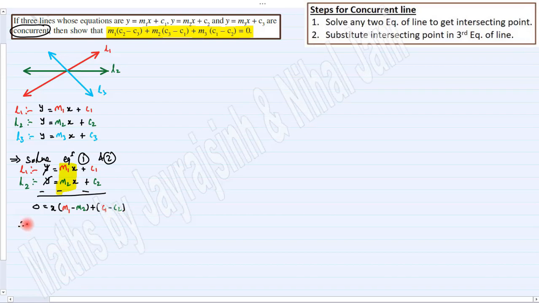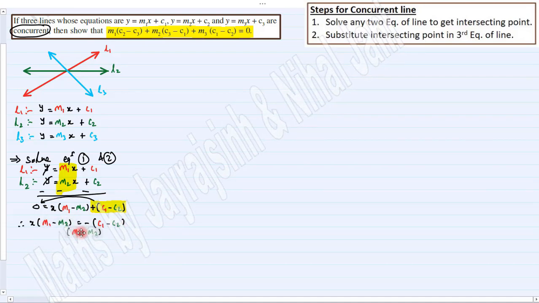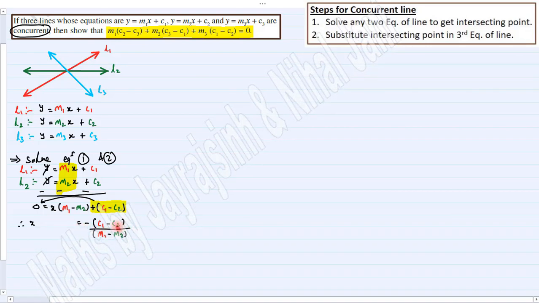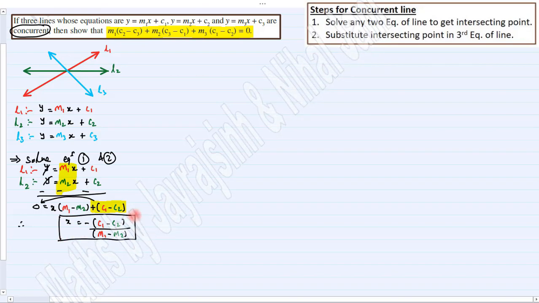Now let's make x the subject. So x times m1 minus m2 will be as it is, and we'll move the constant term to the right side, so it will become minus c1 minus c2. Now this m1 minus m2 will move to the denominator of the right-hand side. So we will get x is equal to minus c1 minus c2 upon m1 minus m2.